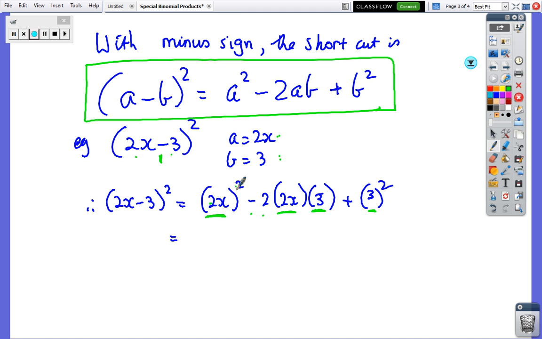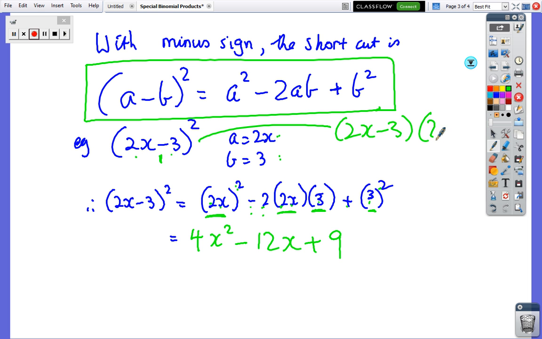So (2x) squared is 4x squared, the minus sign comes down, 2 times 2 is 4, so 4x, 4x times 3 is 12x, plus sign, 3 squared is 9. But you can just do it as 2x minus 3, 2x minus 3, and then use the old method, which is lines or the rectangles. So you don't have to use the shortcut, but I'm just putting it in our notes in case those people who want to save some time can do it.